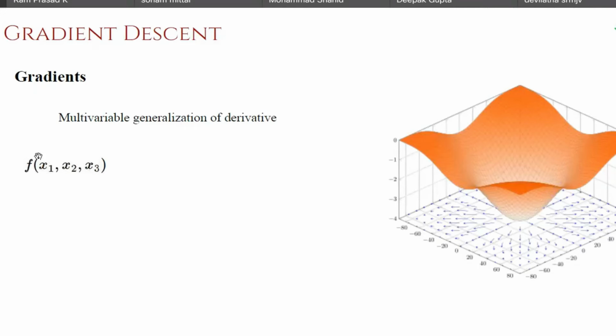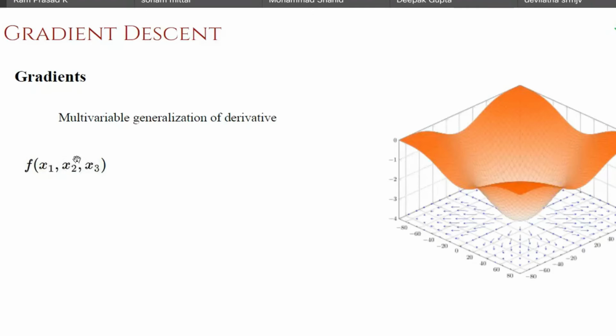So if you wanted to find the derivative of this function, since you have multiple independent variables, how do we find the derivative? In this scenario, we bring in a concept called partial derivatives. So we will first find how the function output changes when you keep x2 and x3 constant but only change x1.